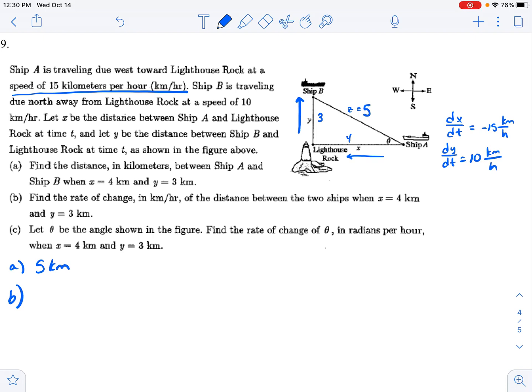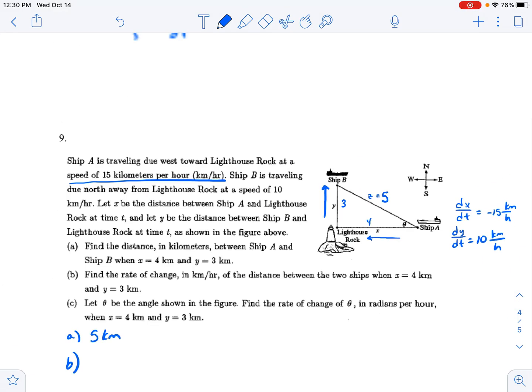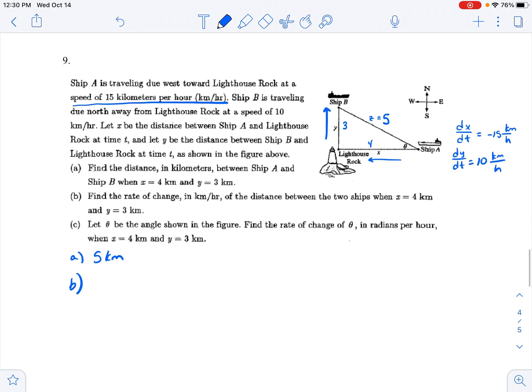Part B, find the rate of change in kilometers per hour of the distance between the two ships when x is 4 and y is 3. Okay, so I'm calling side z the distance between the ships. We want the rate of change of that, so we want dz/dt here. Well, we do have a right triangle, so that'll relate our sides.